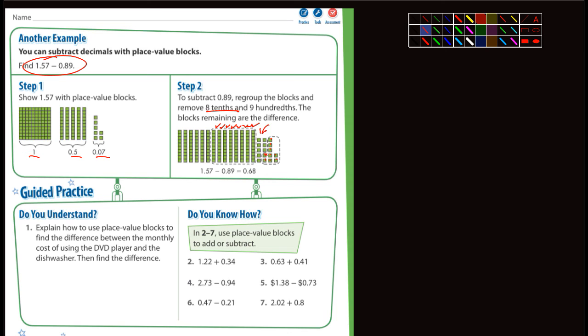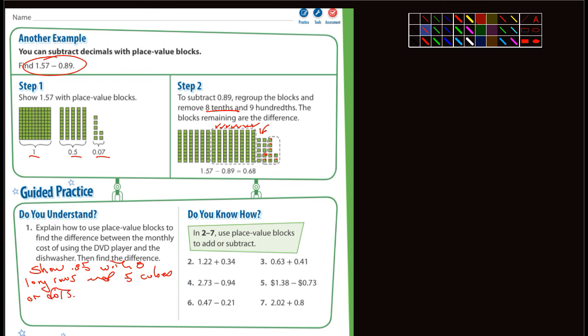All right, so let me put this, and you guys can copy this down. Show 0.85 with 8 long rows and 5 cubes or dots.